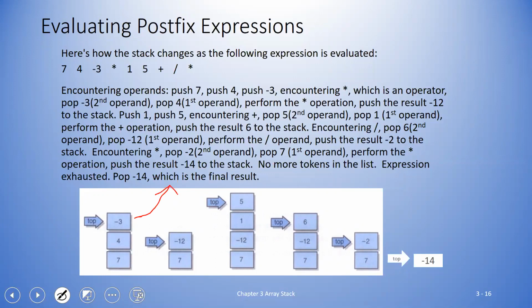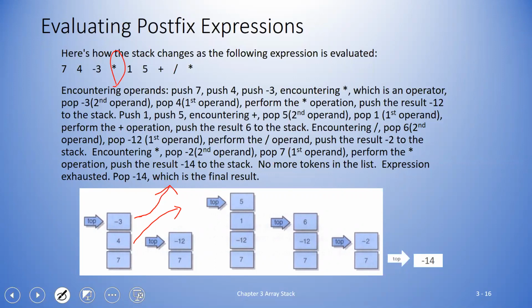You have those variables, right? And then you pop 2 of them because a binary operation needs 2 operands, right? So you pop this one and put it in the first operand. You have those 2 variables, and then you apply that operator, and then you have a result, which is -12, and you push that -12 onto the stack.